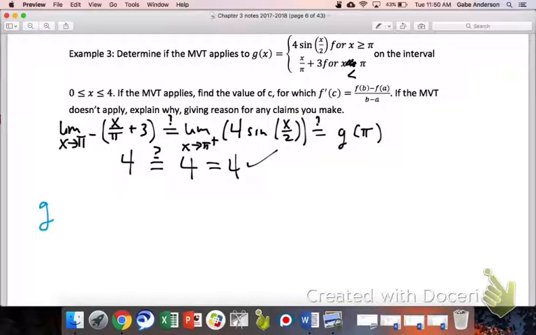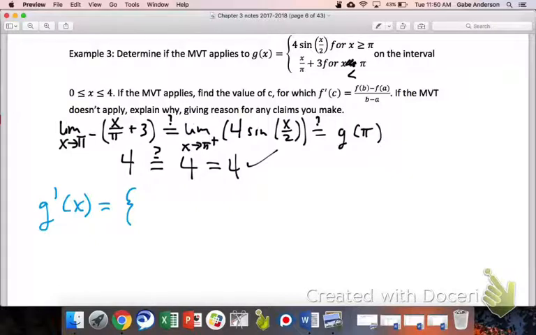So to do differentiability, I need to find g prime first. So g prime, what is the derivative of 4 times sine of x over 2? Got to differentiate both parts. Think of x over 2 as 1/2 x. Suggestions on what the derivative would be?